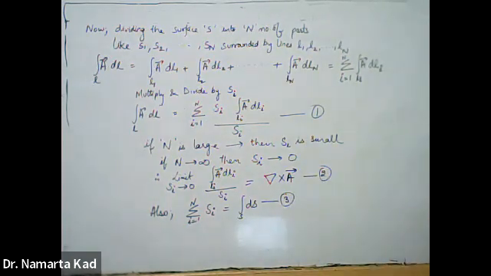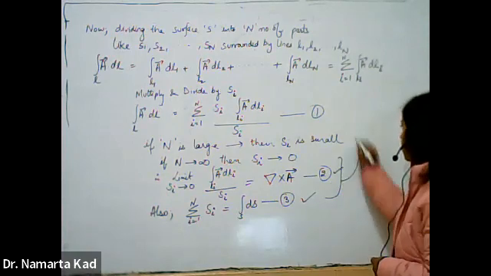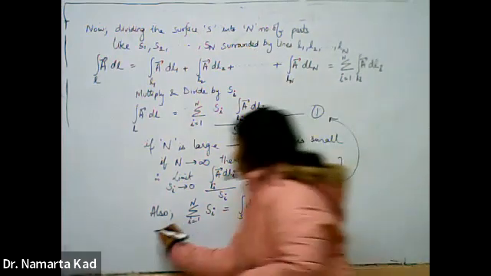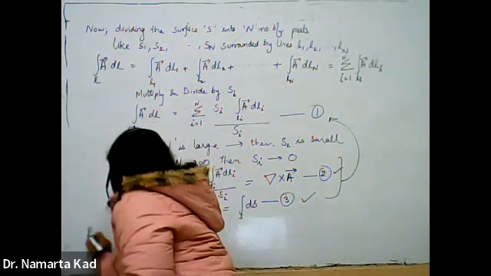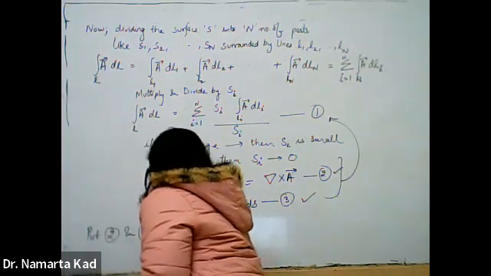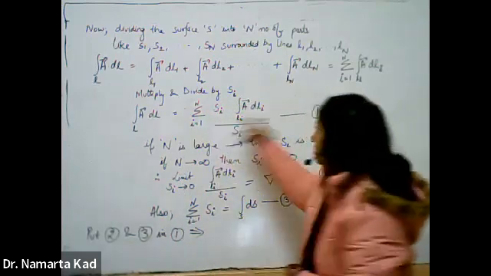Now in the next step, put 2 and 3 in 1. That means put 2 and 3 in 1. So this gives you equation number 1.